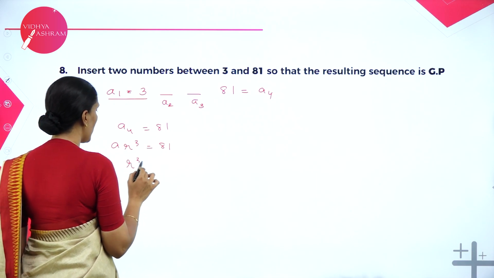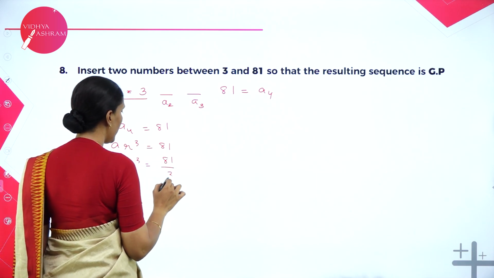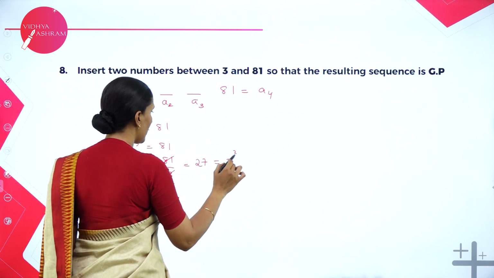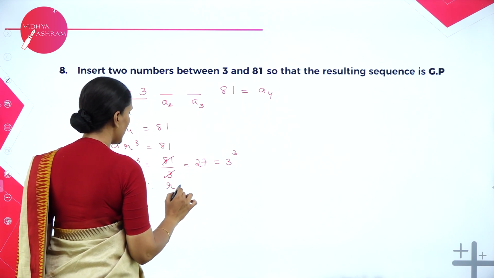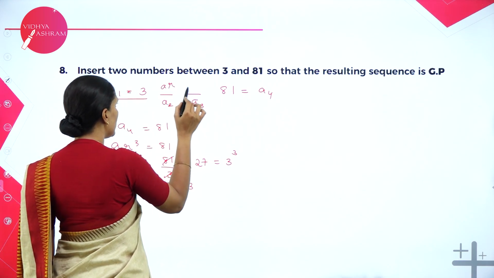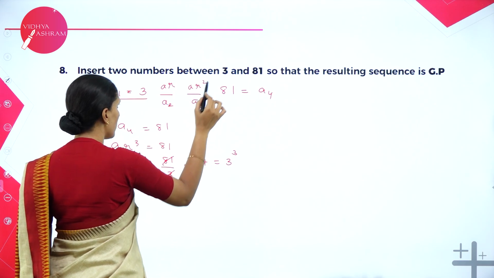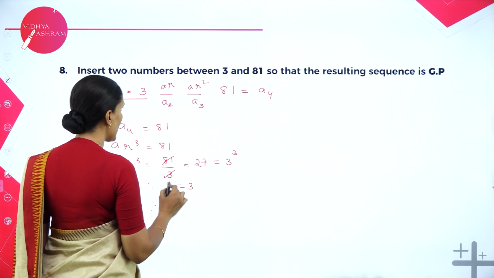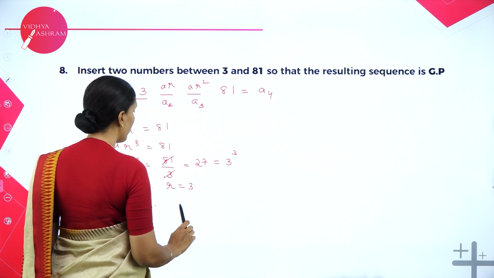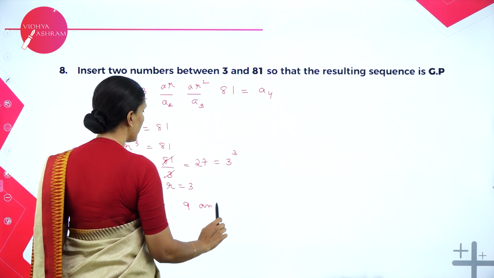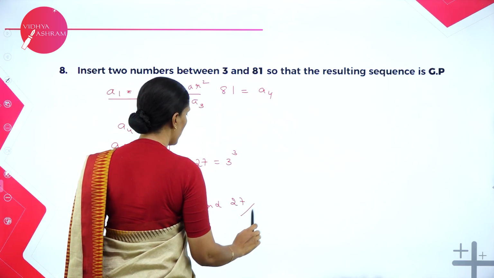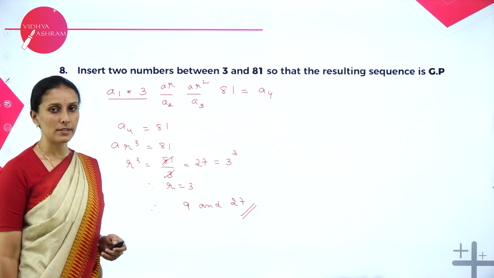So R cube is equal to 81 by 3, which is equal to 27, which can also be written as 3 cube. So therefore R is equal to 3. Now the second term of GP is AR, third term is AR square. So therefore the numbers are A into R, that is 3 into 3, which is 9, and 3 into 3 into 3, 27. So therefore these 2 are the numbers.